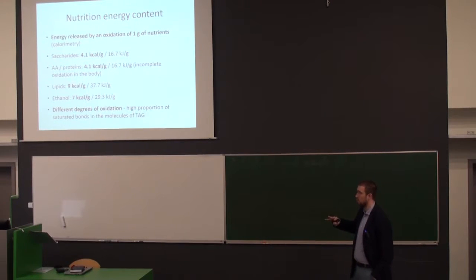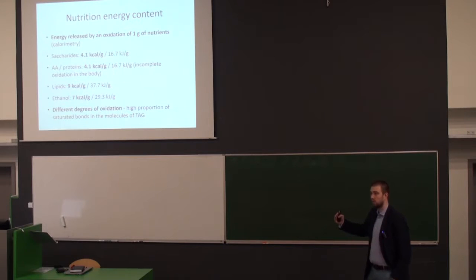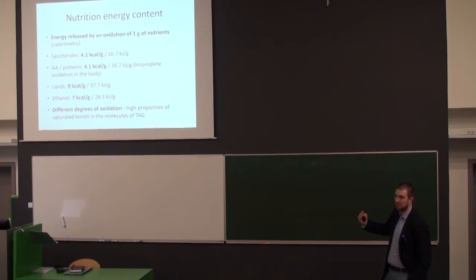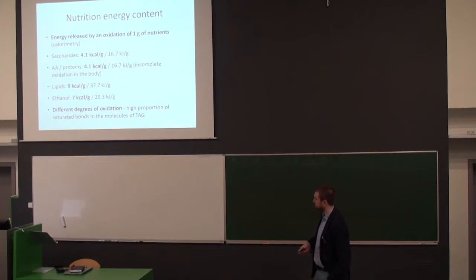So if you look at the complete oxidation, the value is around 5.3. But this is not valid for the human body. This is valid only for systems that can fully oxidize the urea or produce some other form of nitrogen waste.